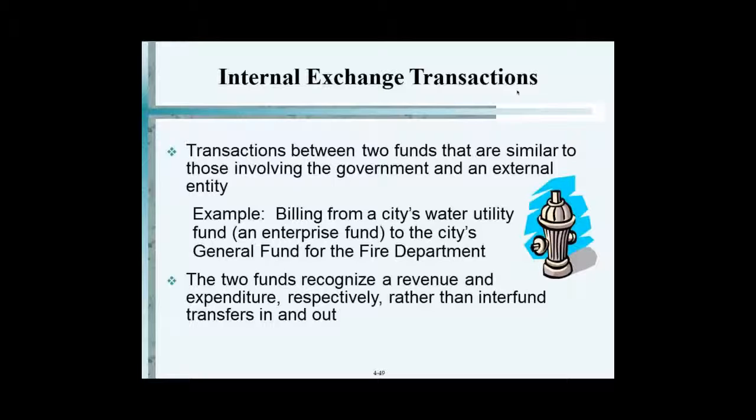By doing an interfund transfer out to the debt service fund. Any exchange of value? No, they've just basically done what? Transferred cash over. Okay. So that's the distinction between an exchange transaction and just an interfund transfer in and out.